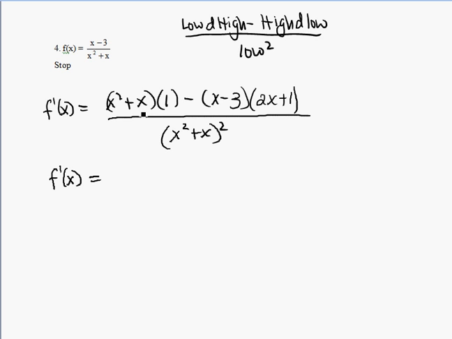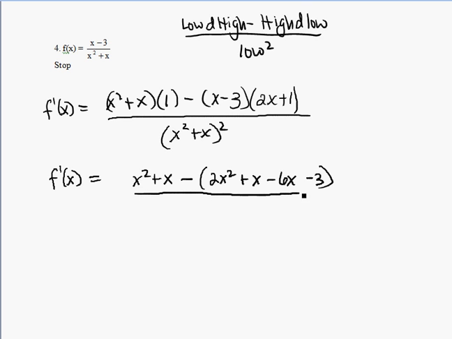So I distribute, really nothing to distribute here, it's just x squared plus x minus, I multiply this, or FOIL if you will, 2x squared plus x minus 6x minus 3, all over x squared plus x quantity squared. I get x squared plus x. Collecting like terms gives me negative 5.